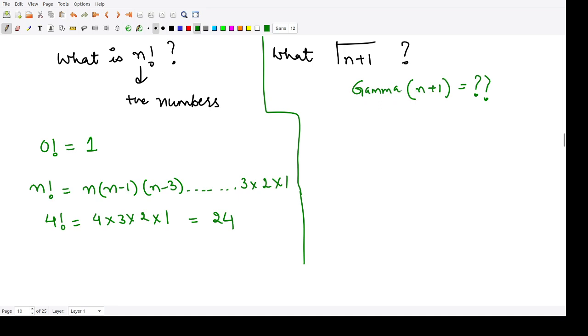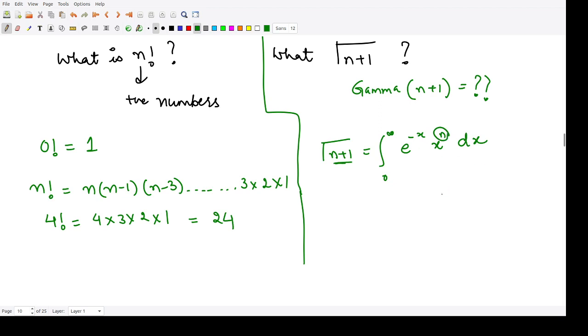Gamma of n plus 1: gamma is a special kind of integral transform. It is defined like this. Gamma of n plus 1 is nothing but the integration from 0 to infinity of e to the power minus x, x raised to power n, dx. So this n represents the power of x here.